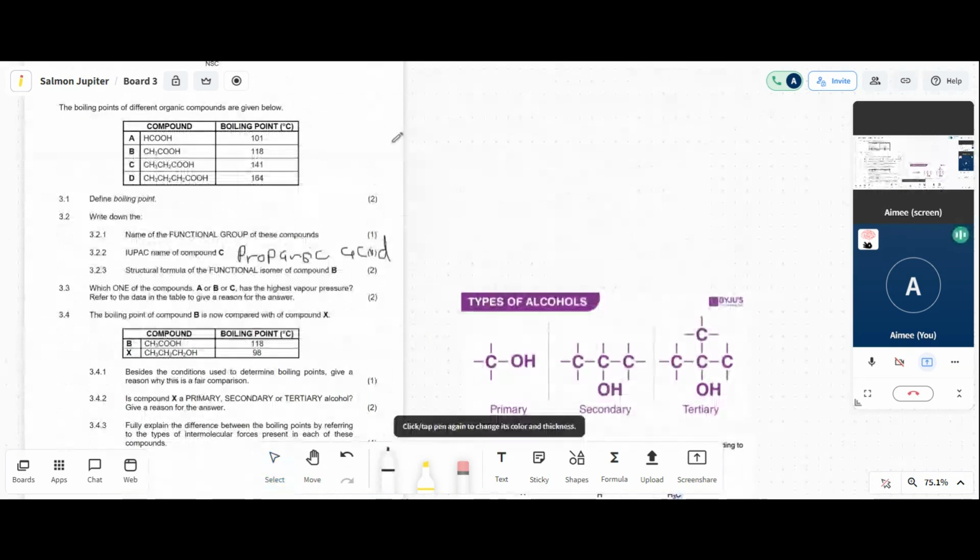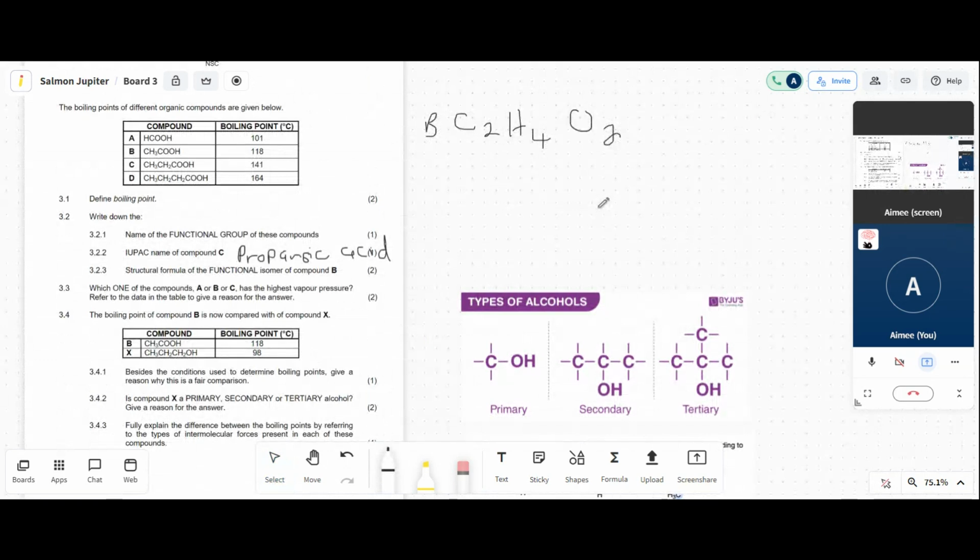The molecular formula for B being C2H4O2. Okay, and if we build that into an ester, we know that it's only going to have 2 C's in it. One of the C's has to come from the carboxylic acid that makes it up, and one of it has to come from the alcohol.